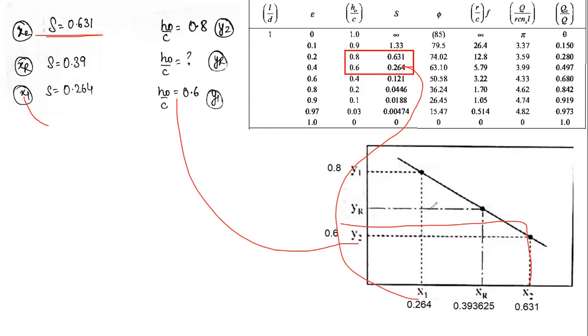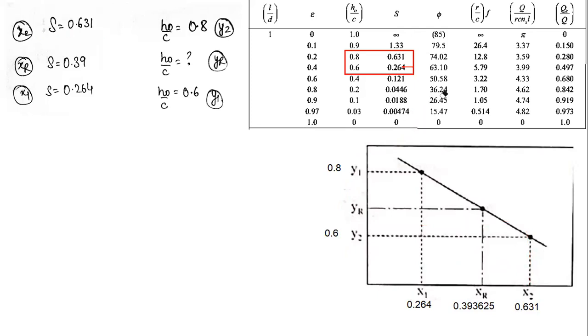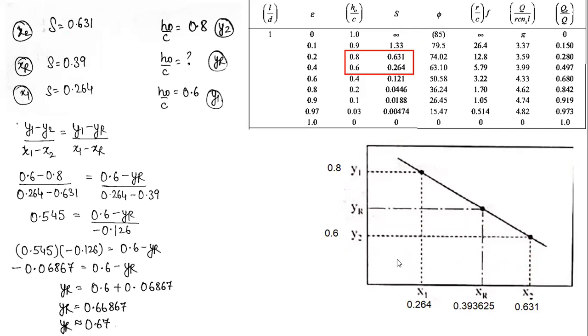So I've named it Y1, Y2. You can reverse those, but still you'll get the same answer. How? Let us see the formula. How to use the formula.